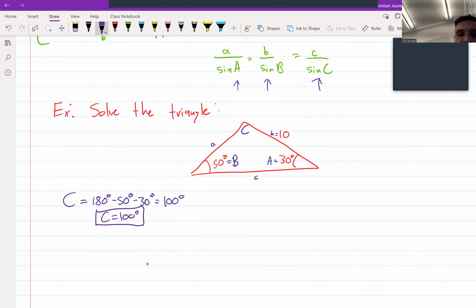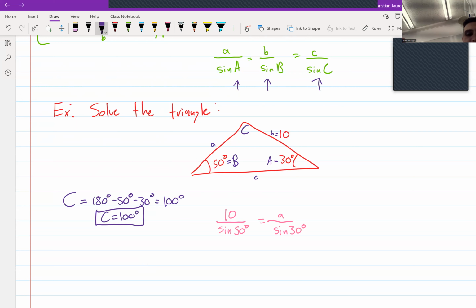So I'm going to say that little b, 10 over sine of 50 degrees equals, and you can choose any side. I'll start with a, little a over sine of 30 degrees.